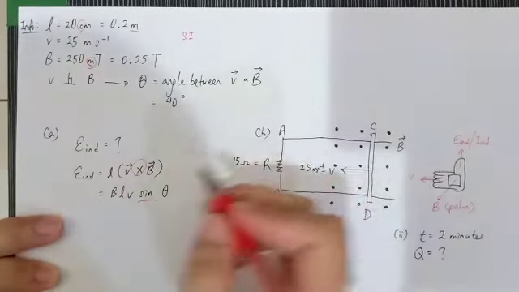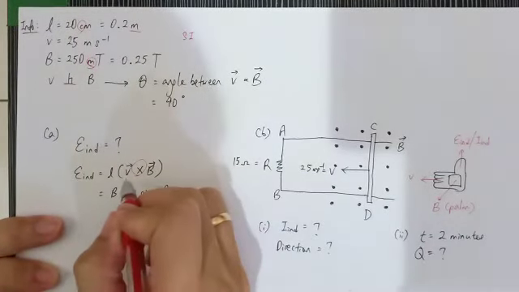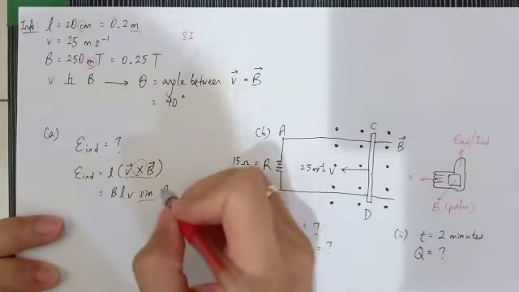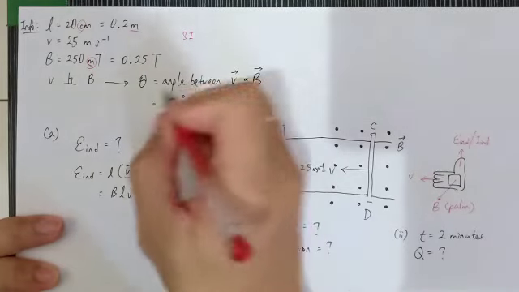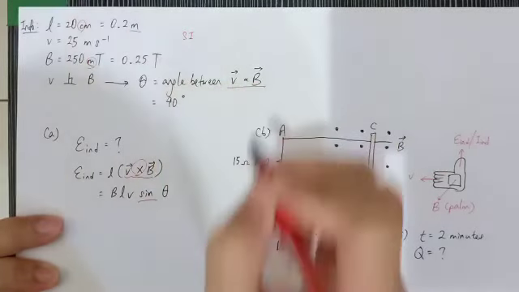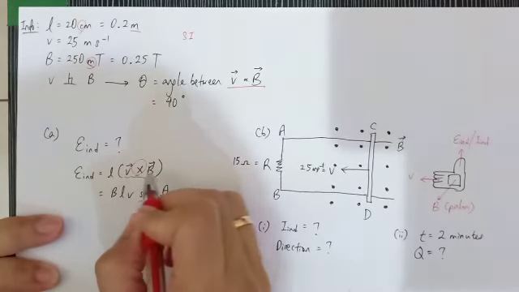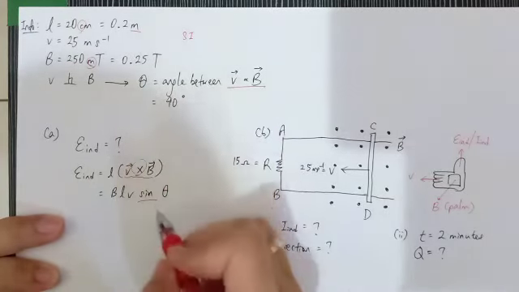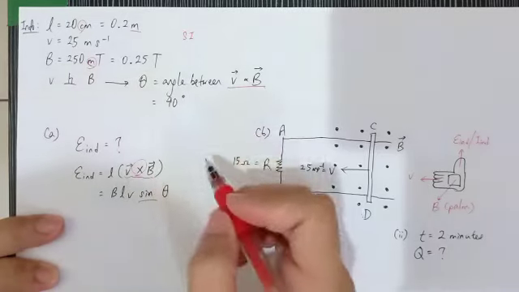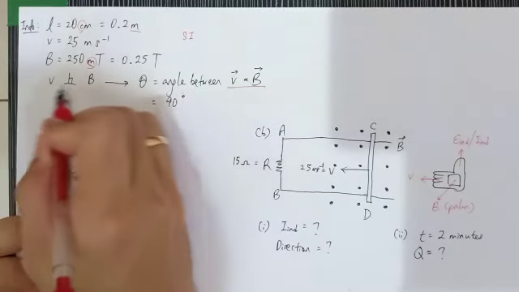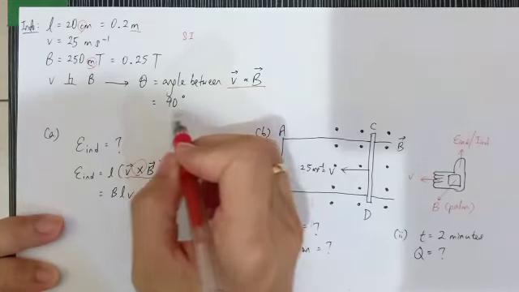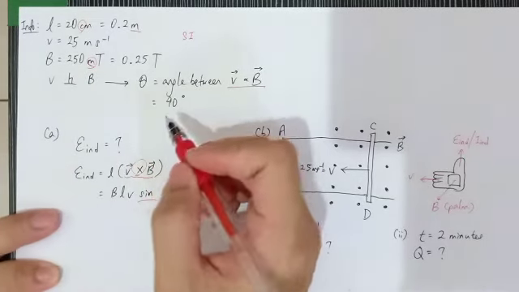Since this cross is between V and B, the angle theta is the angle between V and B. Both V and B are perpendicular, that's why it is 90 degrees.